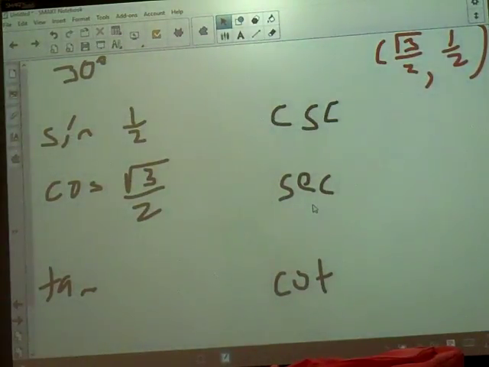Alright. Now you're going to do a little bit of work on some of these when you've got radicals involved. Tangent, we said, you wrote, is sine divided by cosine. What's the rule when you divide a fraction? Multiply by the reciprocal.